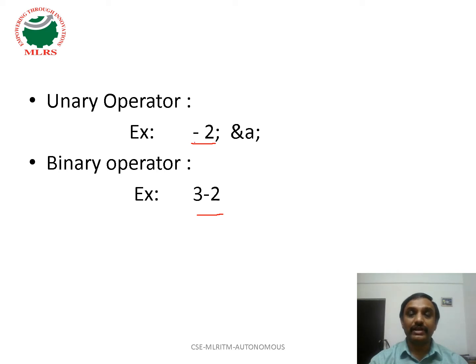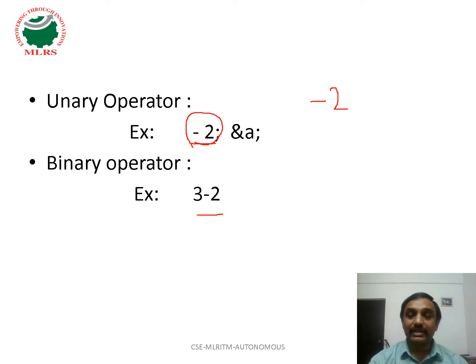Here you observe minus 2, only one operand is present. What is the purpose of this one? To represent that this is a negative number. It is performing its operation on only one operand, so that is called a unary operator.